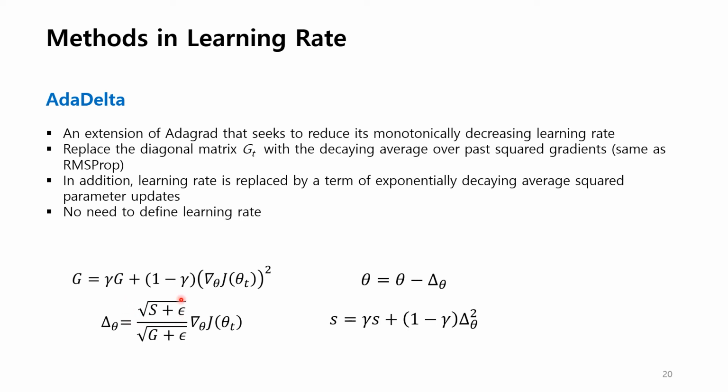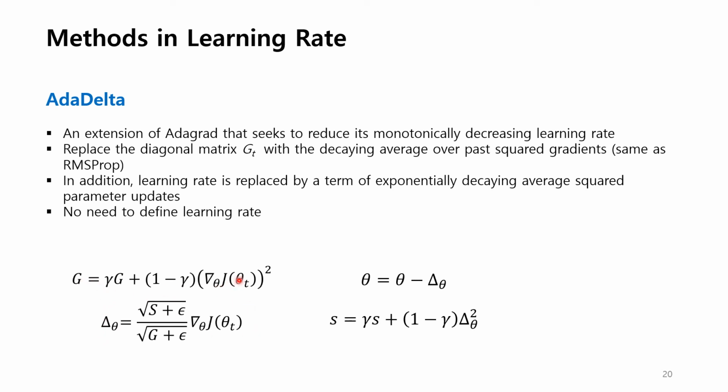So what is this then? This one here is very similar to the way we calculate G. G here was the exponential moving average between the previous value and the square of the new gradient. That was the G value. We use exactly the same approach here. So the S value is the exponential moving average between the previous S value plus the square of this value.